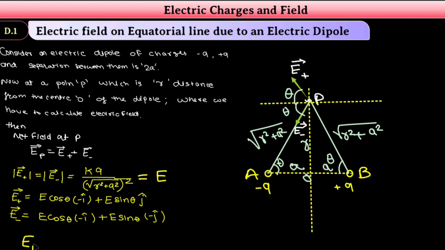So EP will be equal to E plus vector plus E minus vector.